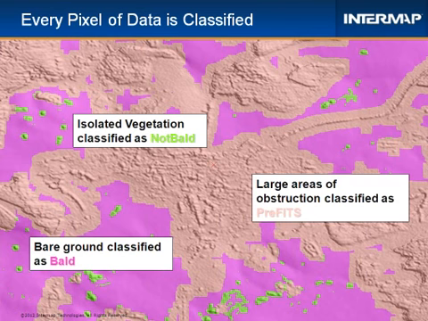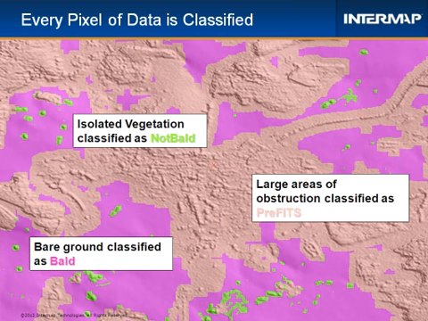Now, when the editors are actually doing these edits, what they're doing is classifying pixels within our data set. And so they've got numbers of classifications that they can utilize. The three that I'm showing here are the main ones that the editors will be using to actually create the DTM from the DSM.